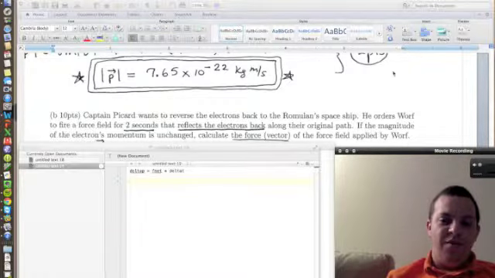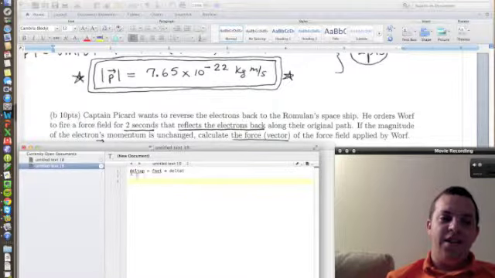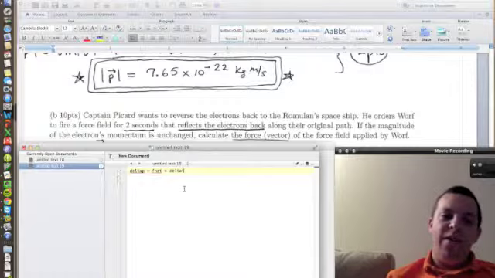In order to solve part B, we need to know the formula for the momentum principle, which I have written down right here. It is delta P, your change in momentum, is equivalent to your net force times your change in time. We already have the initial velocity and the momentum, but we don't have these quantities yet, which is exactly what we're going to solve for.